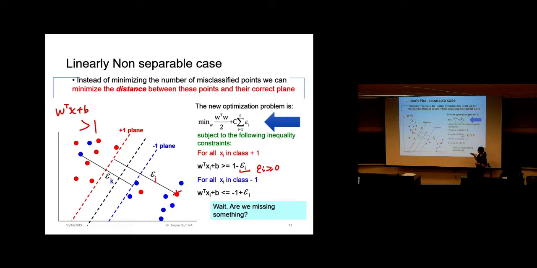So for this point, W transpose x plus b is larger than or equal to 1 minus epsilon j, which is exactly the distance from here to here, the prediction of the linear function on that point. And I'm using epsilon j to represent how much wrong-side distance I'm contributing to the noise. Okay, any questions about this?